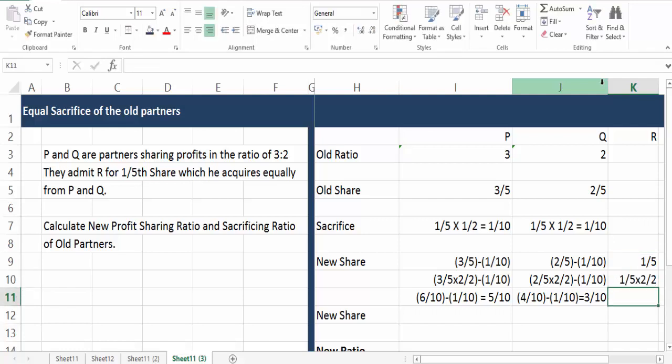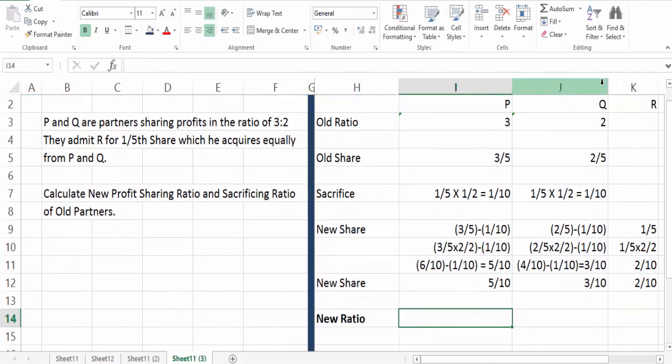It means I'll get 2/10. So I can say the new shares are 5/10, 3/10 and 2/10. And if I express it as a ratio, it will be 5:3:2, right? So this is going to be the new profit sharing ratio.